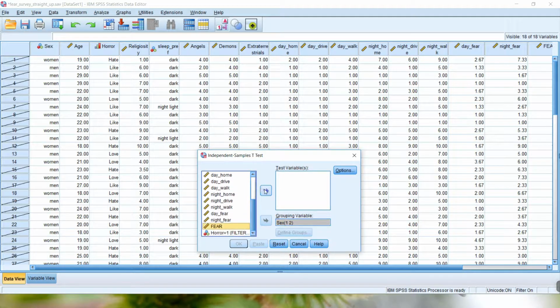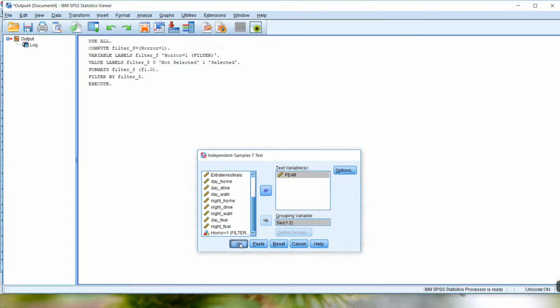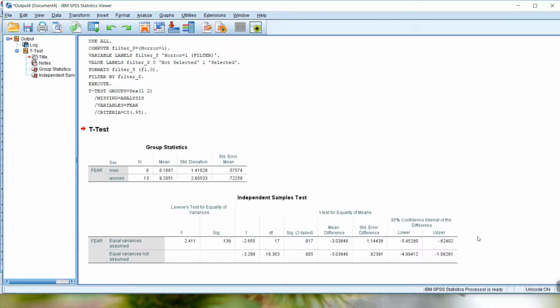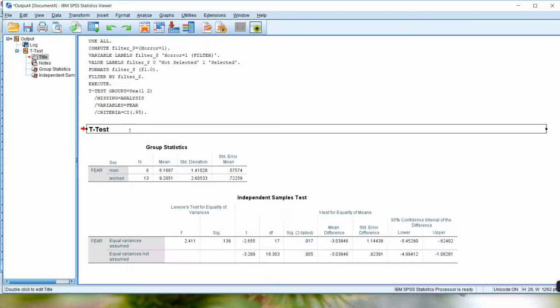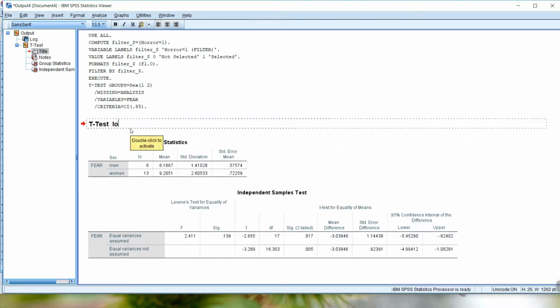This is the sum of their day and night fear scores. All right. And everything else is set up the way you need it, so you can just hit OK. And now we can see whether men and women were different, but these are only for the people who love horror movies.